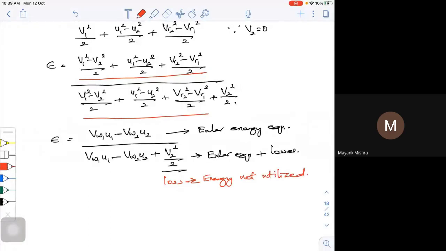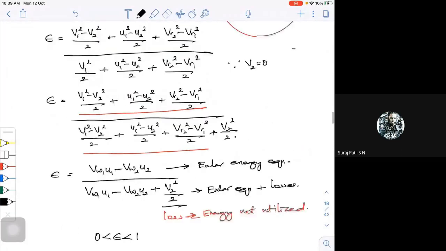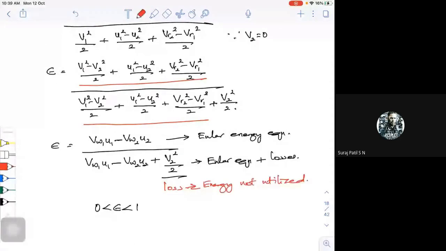If you closely observe for a turbine, this epsilon value should be a number somewhere between 0 and 1. Suppose this number is 1. What is the meaning of it? The meaning is losses are less. If my epsilon is nearer to 1, that means the kinetic energy of the fluid which is going out is at a lower number.